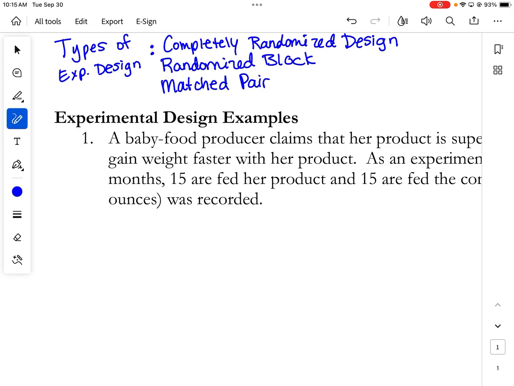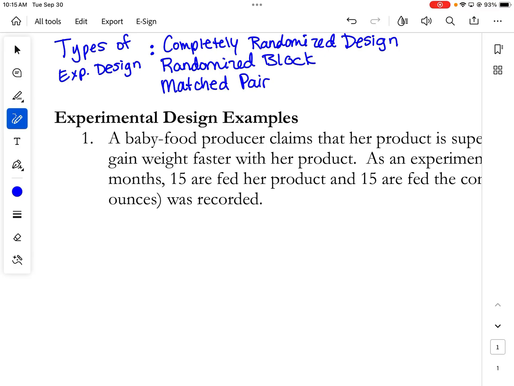And then the next one would be matched pair. So whenever you want to look at similar things going on, so it'll limit some confounding variables between differences of people or subjects.